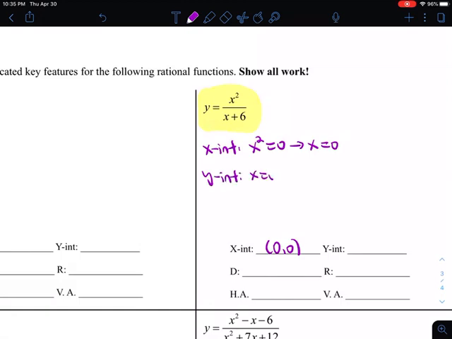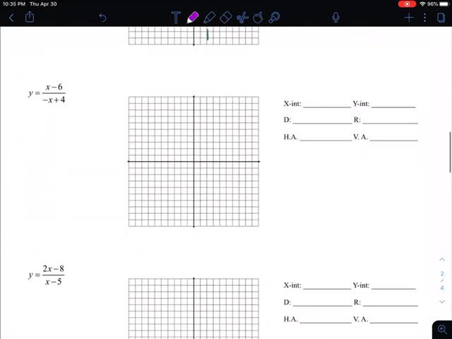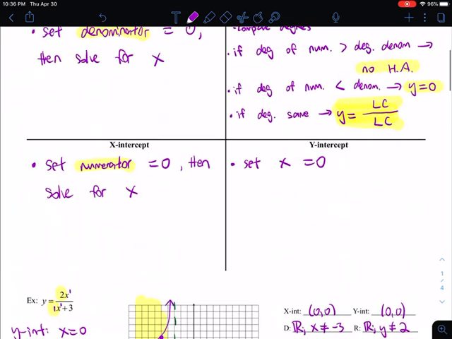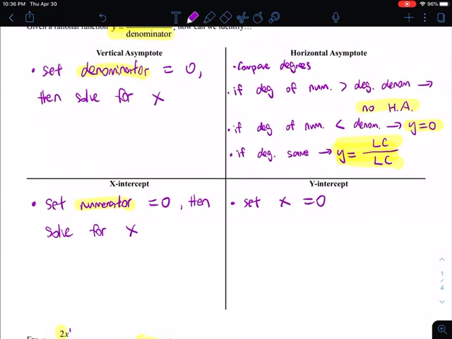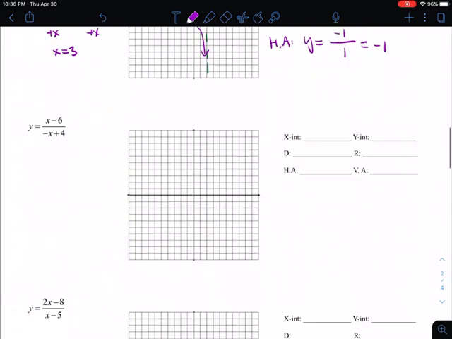Y-intercept, that's always the same thing. You make x equal to 0, and then solve for y. So then y will be 0 squared over 0 plus 6, which is again 0, so (0, 0). And then the asymptotes, let's go back up here, go back to our notes. Horizontal asymptote, compare the degrees.